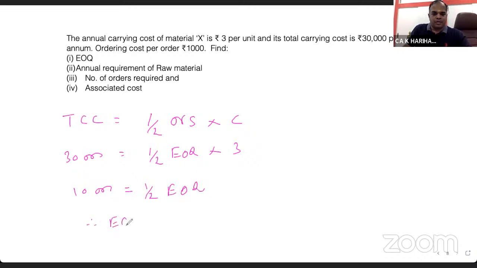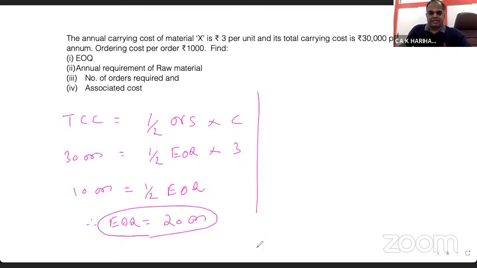Therefore, EOQ is equal to 20,000 units or kgs. Very good.